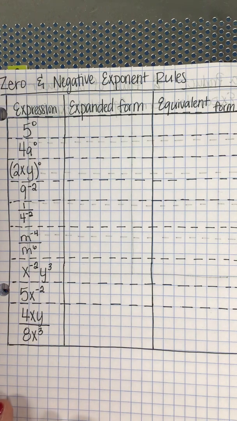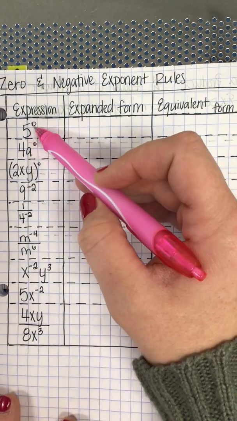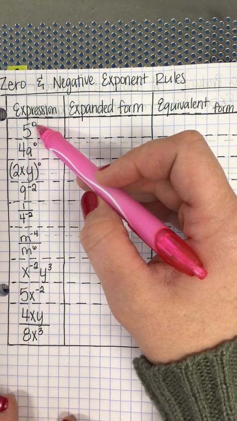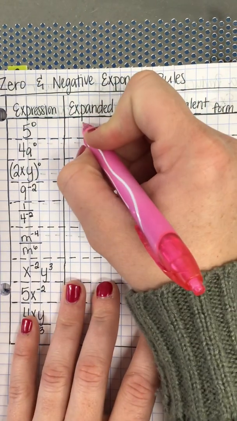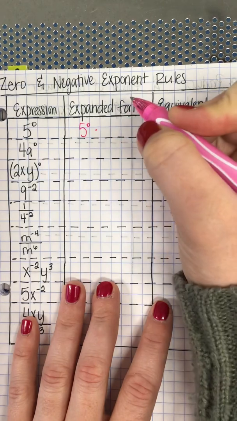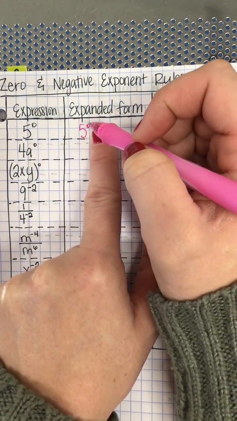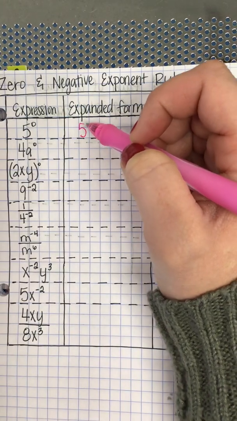So, zero and negative exponent rules. If you remember what we've been talking about, anything raised to the 0 power, so if we have 5 to the 0, that means I have 0 5s.